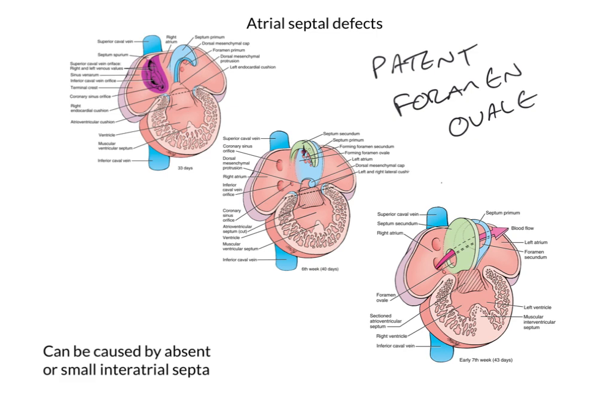However, it can manifest in adulthood, say following the formation of a deep venous thrombus. Usually, thrombi which form in the venous system are filtered out by the lungs and can cause a pulmonary embolism. However, in some of these patients with patent foramen ovale, what can happen by sheer bad luck is that the thrombus which formed in the venous system can cross over from the right atrium to the left atrium and thence into the systemic circulation.